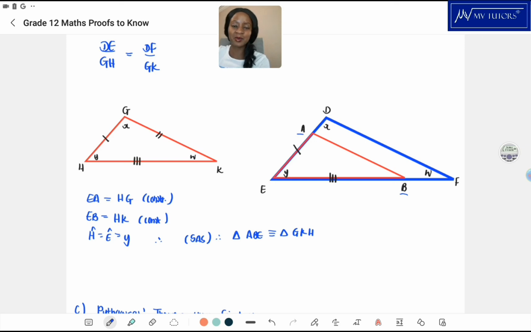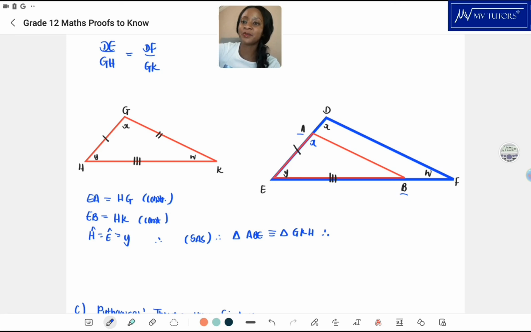Just trying to make sure I'm using the same letters, corresponding letters. And if they are congruent, it means they are identical. So therefore, I can then say A is equal to X.